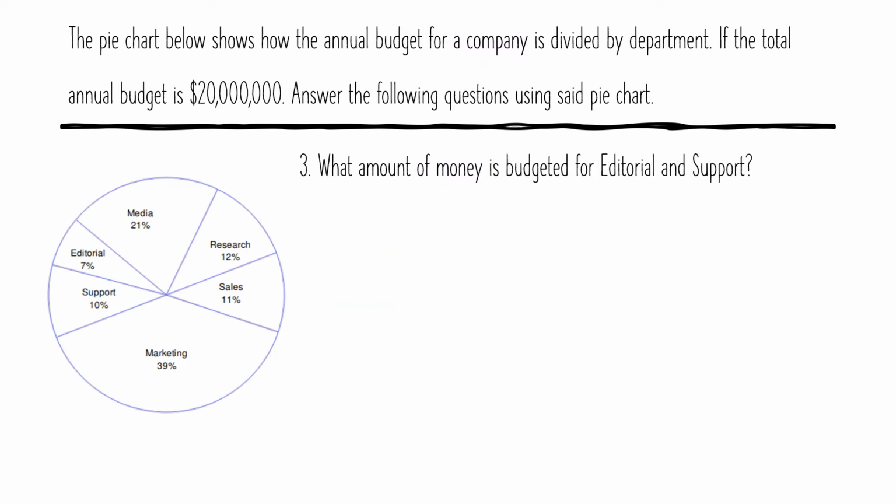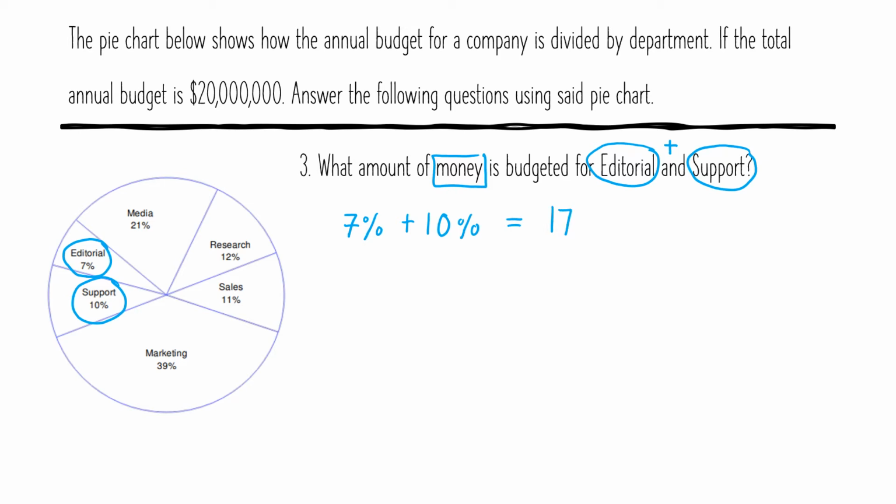Now we want to know what amount of money is budgeted for editorial and support. So that means we need to add the amount of money budgeted for the editorial to the amount of money budgeted for the support. So 7% is budgeted for the editorial, and 10% is budgeted for the support. 7% plus 10% gives us 17% for these combined.